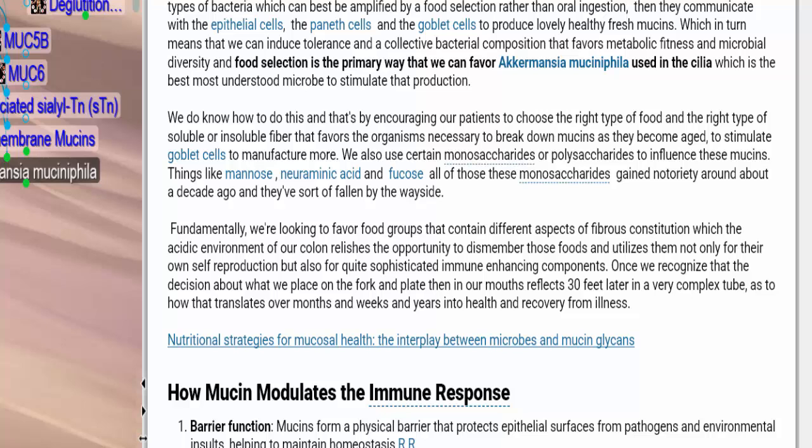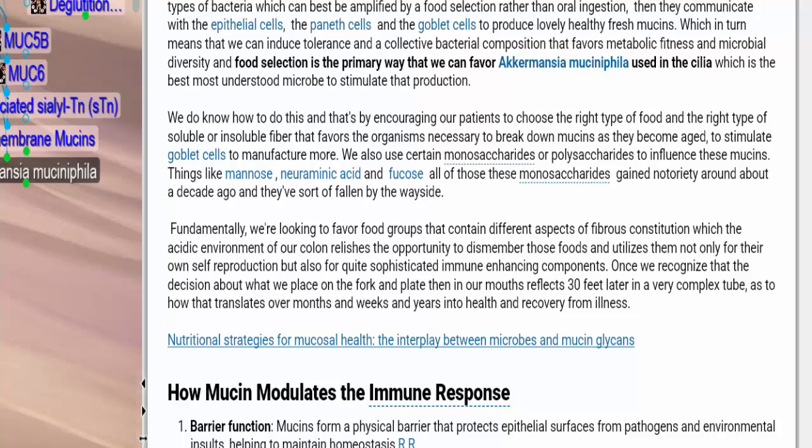And that's by encouraging patients to choose the right type of food and the right type of soluble or insoluble fiber that favors the organisms necessary to break down mucins as they become aged, and to stimulate goblet cells to manufacture more.